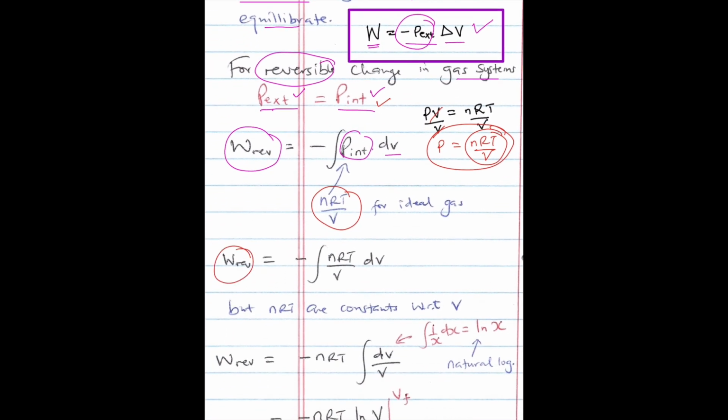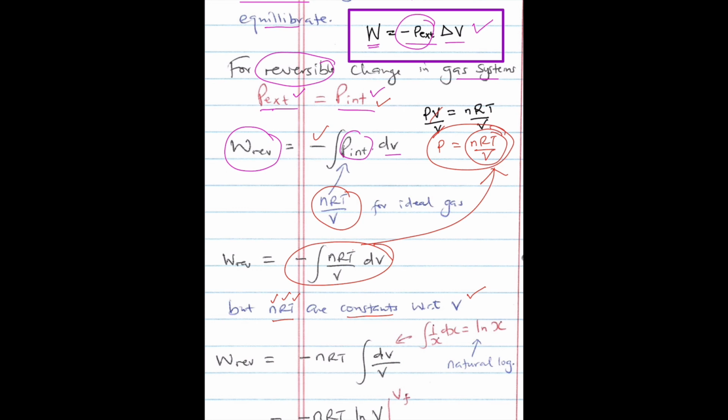And now work reversible equals minus, that's the same minus we see here, and then the integral. For P internal, we say that P internal equals nRT over V, so we are integrating nRT over V with respect to volume. Now looking at this equation, nRT, that's number of moles, universal gas constant, and temperature, it's done under constant temperature, so all of these are constants with respect to volume.